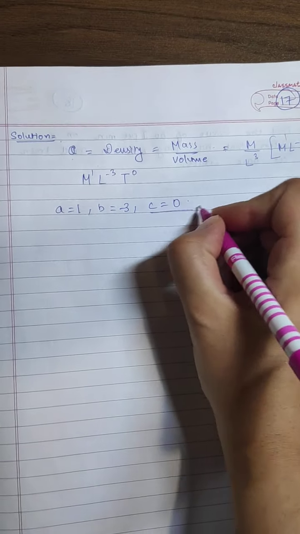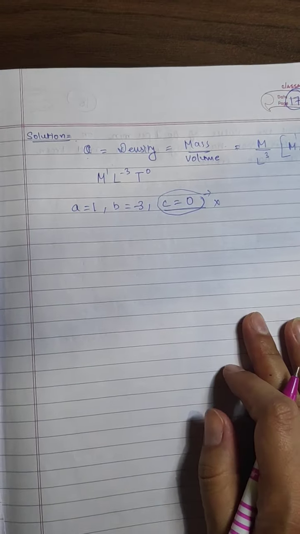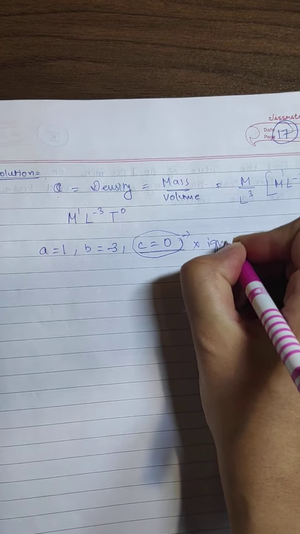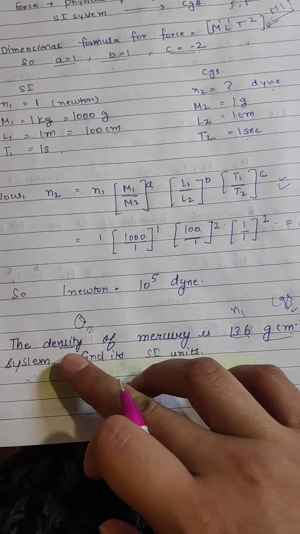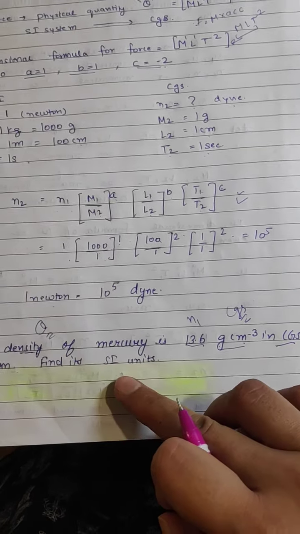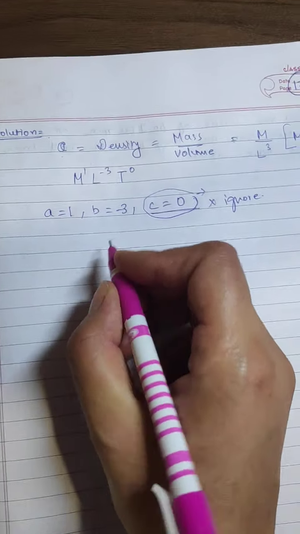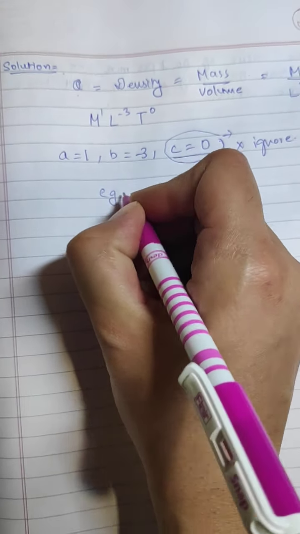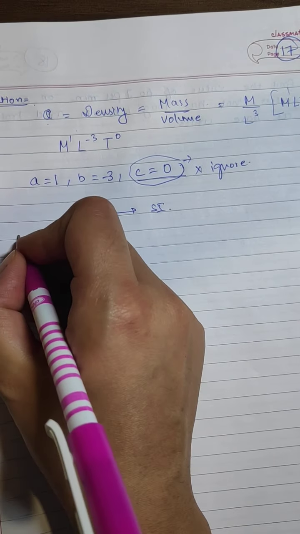Next, I am ignoring this thing. There is no need to write c is equal to 0. So you can ignore this. Let's come to the numerical question again. Density Q, n1 is given to you. It is in CGS and we have to convert it into the SI unit. So it means I have to convert CGS into SI unit. Now what is n1?